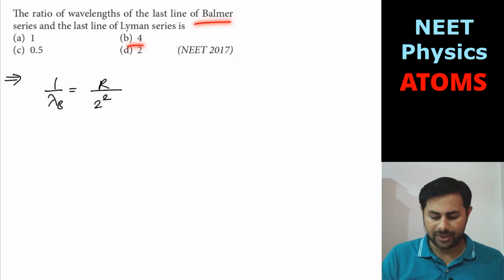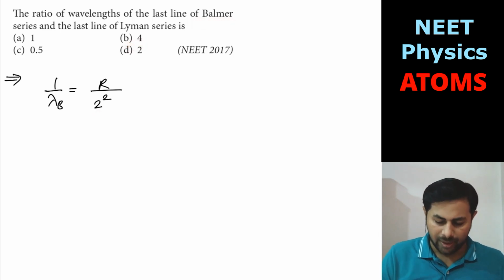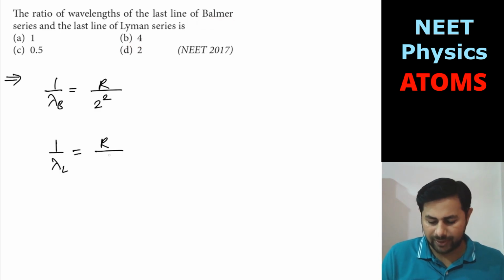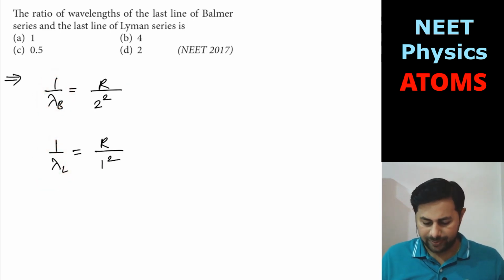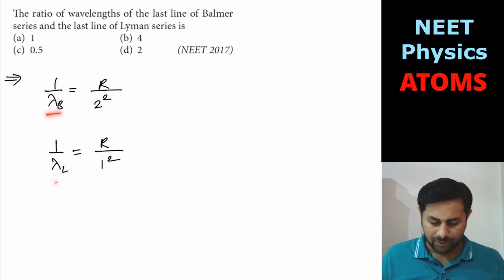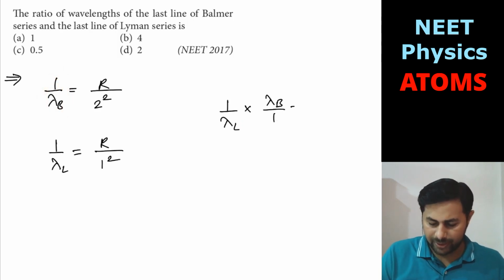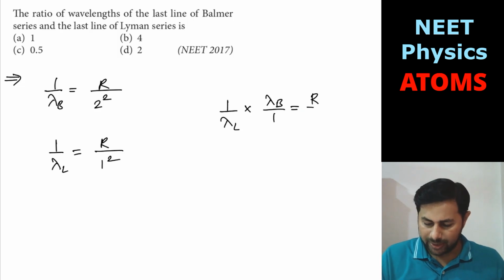So for Balmer series it is second orbit. And then next is what? Lyman series. So 1 by lambda Lyman would be just equal to R divided by 1 square. And then take the ratio of these two. I want lambda B to lambda L, so I will divide by this one. 1 by lambda L dividing by this is multiplied by its reciprocal times lambda B by 1, which would be equal to R by 1.